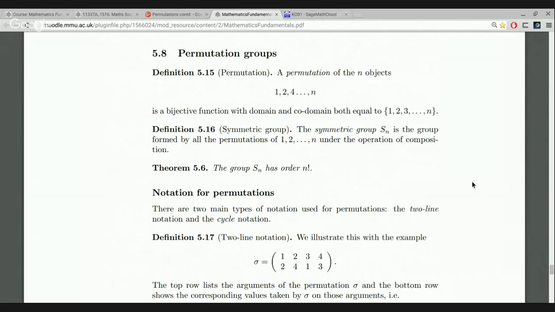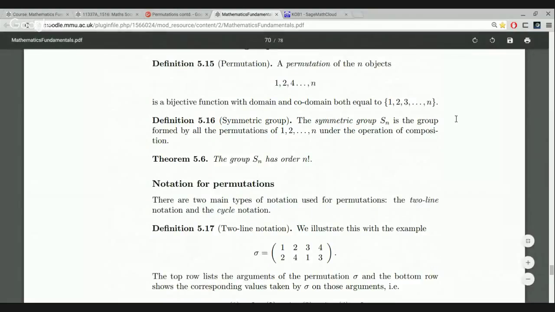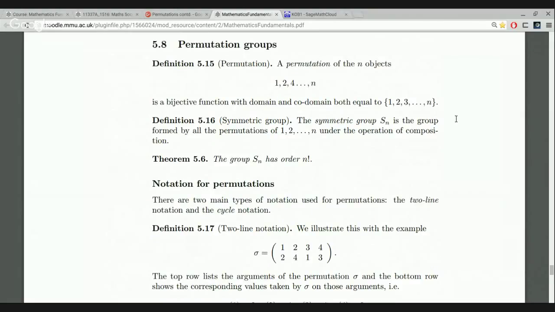A permutation is some way of rearranging n objects, reassigning them to each other in a bijective way. So each object gets associated to another object in the same set of n objects, and it isn't the case that 2 objects get sent to the same object. So it's injective.